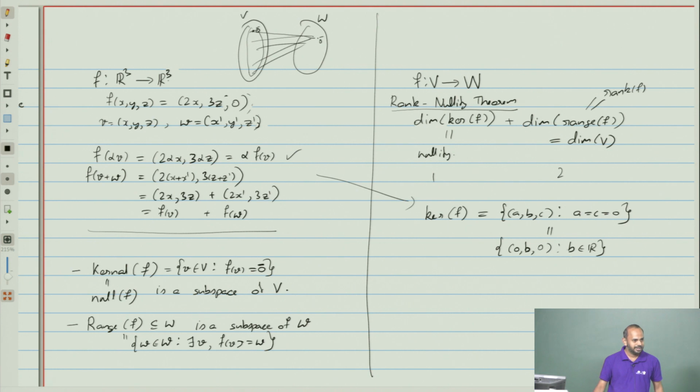But I think by definition, when you say F maps from V to V, the basis of the F of V should also span V. No. That's the whole point of the rank nullity theorem. The range of f might not be equal to the entire space. That's why over here you did not write V, you wrote V to W.